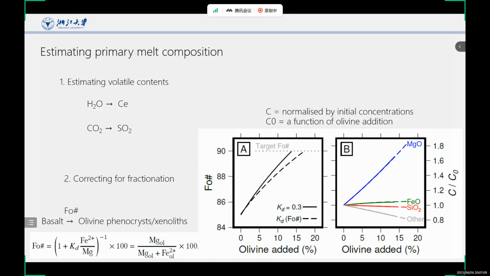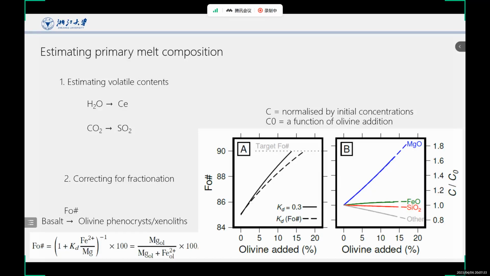The target Fo value is 90, because they found that in olivine phenocrysts or xenoliths, and they think that value corresponds to the primary melt composition.